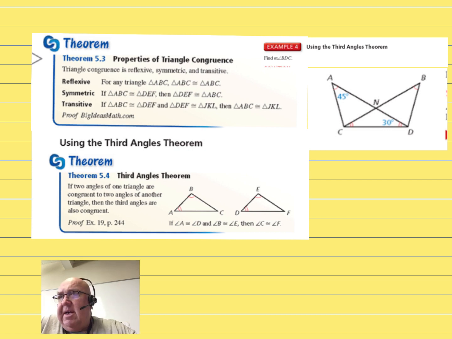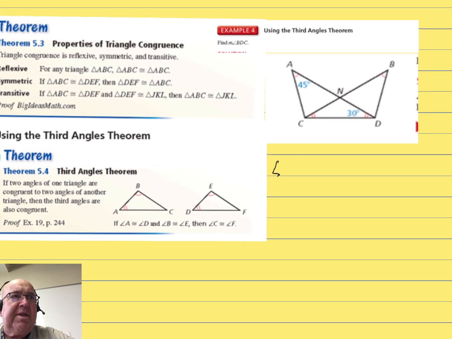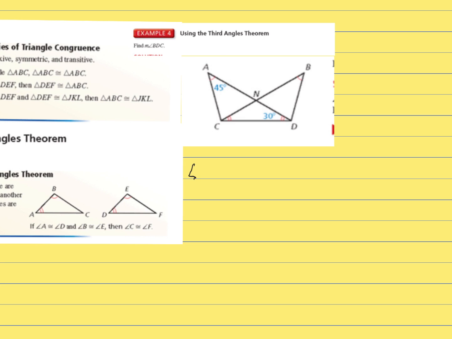We are given that angle A and angle B, and triangles ADC and BCD are congruent. So that information is given to us.